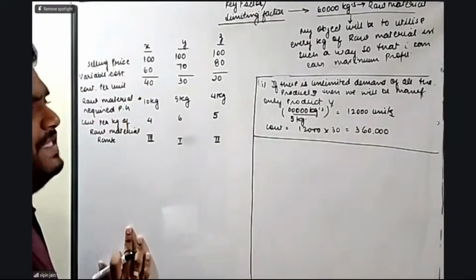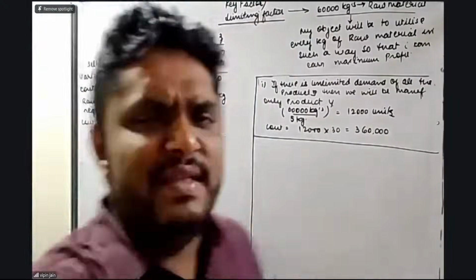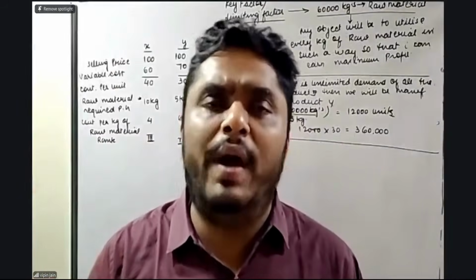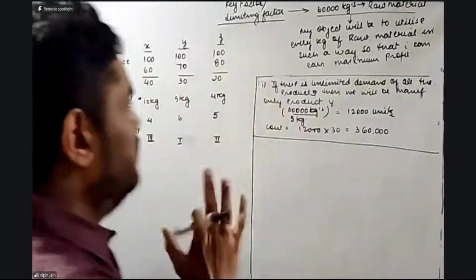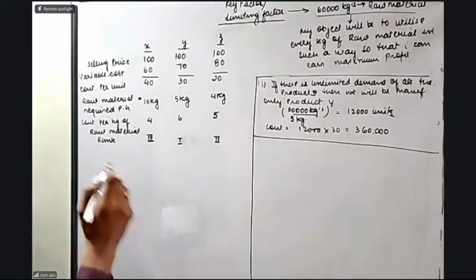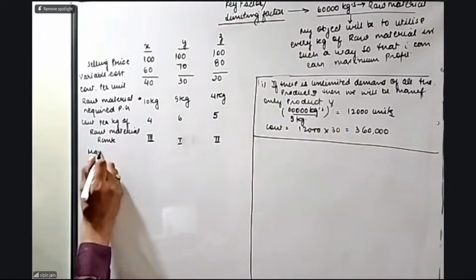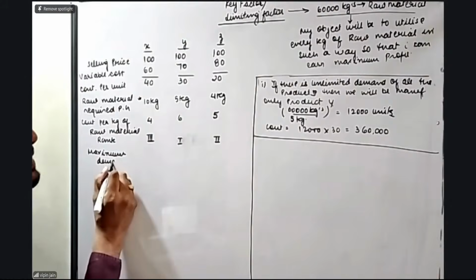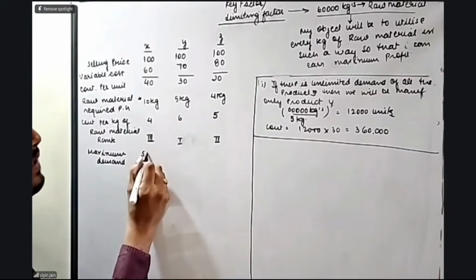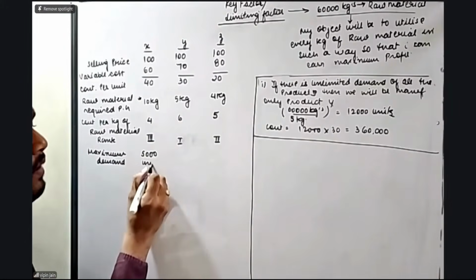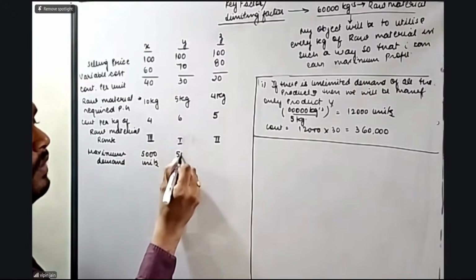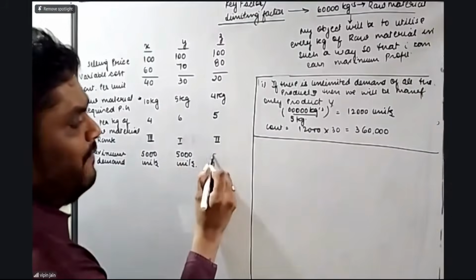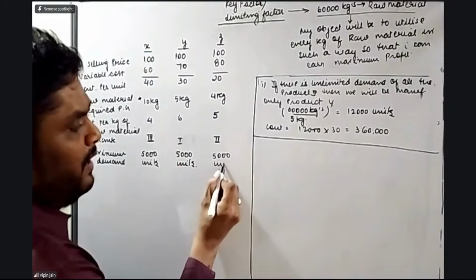Now let's move towards the next situation. So if there is unlimited demand for all the products, we will be manufacturing product Y only. But let's say there is limited demand. Let's say it is given in the question that for a particular product, the maximum demand is 5,000 units of each product.